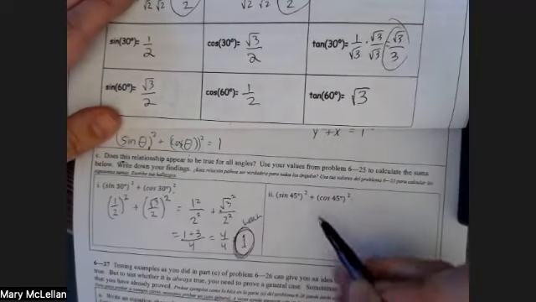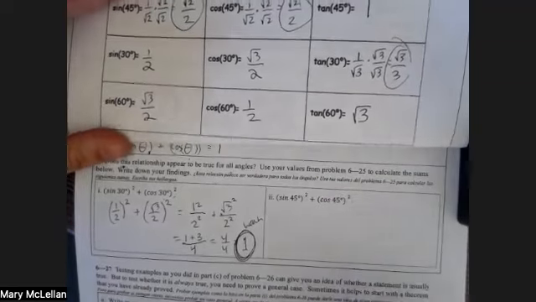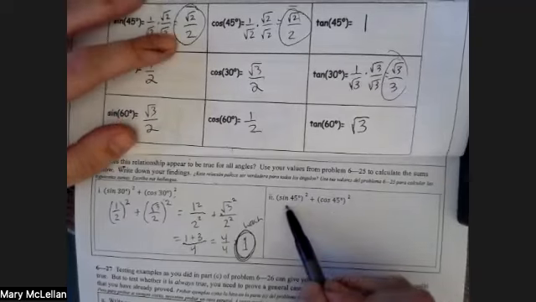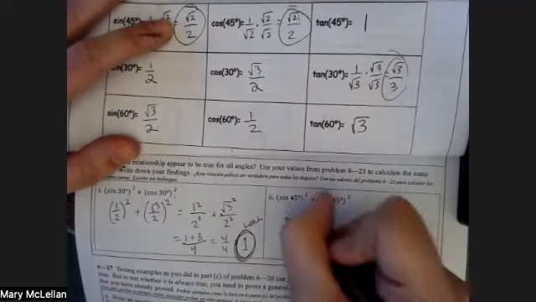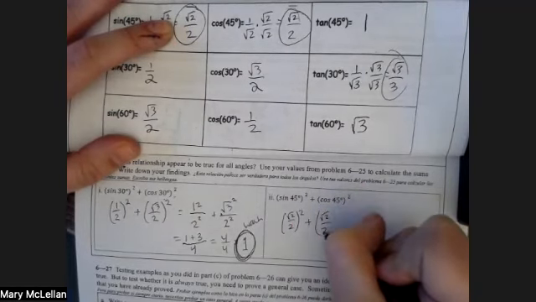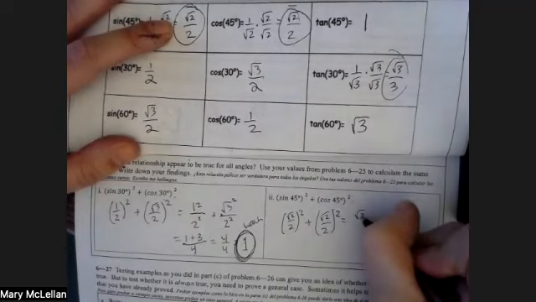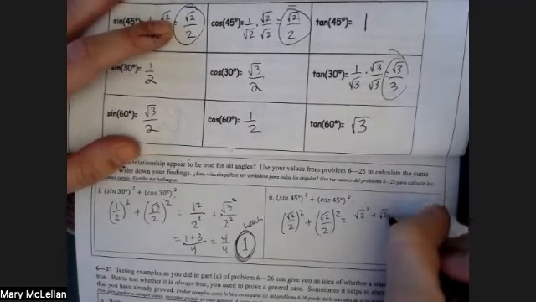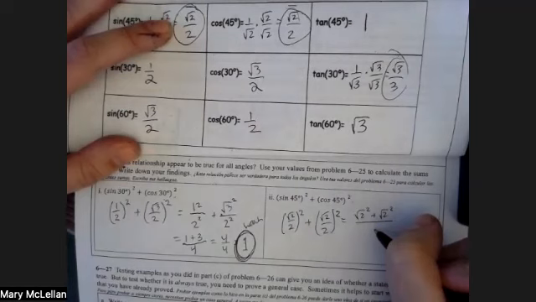What about when it's 45 degrees? Let's check. Sine of 45 degrees is root 2 over 2, squared, plus root 2 over 2, squared. That equals root 2 squared plus root 2 squared over 2 squared, which is 4.